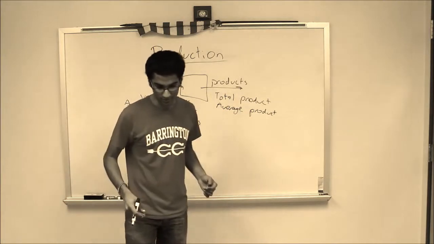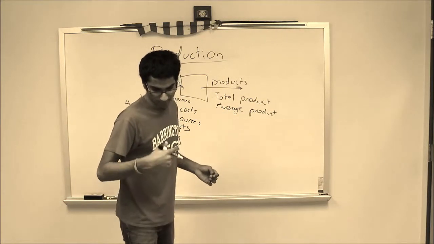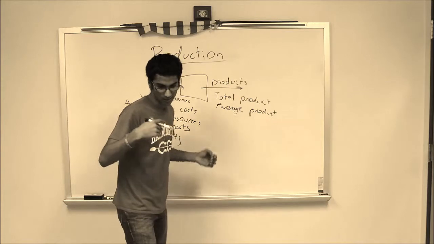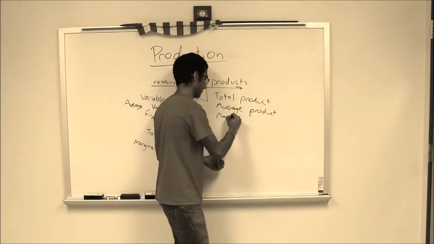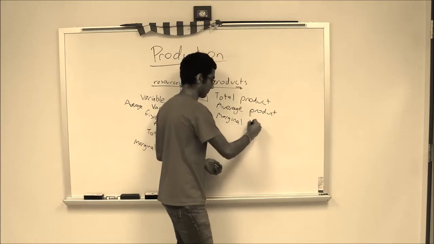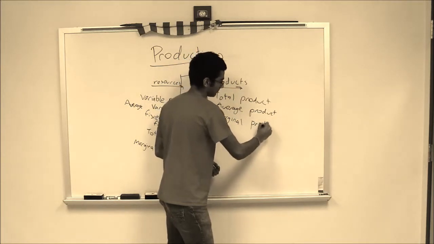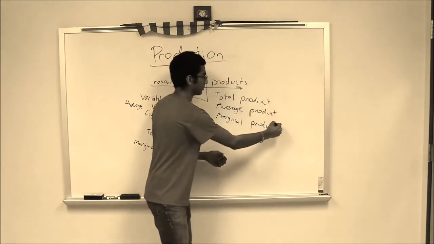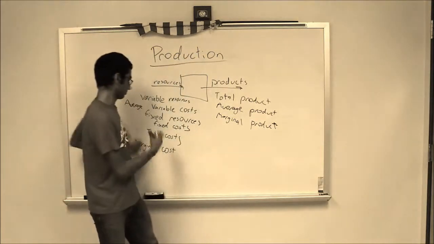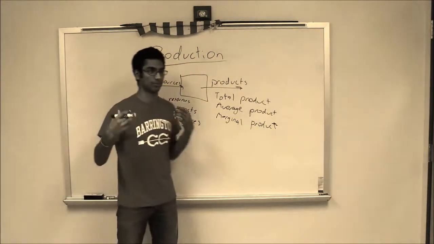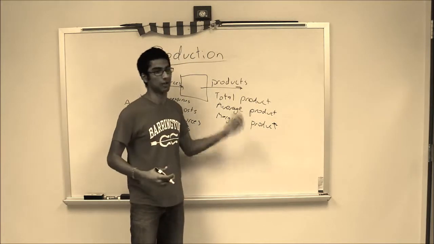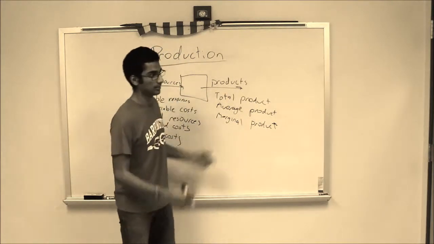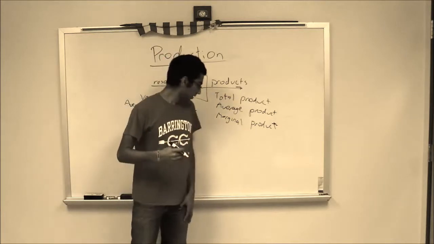And there is the marginal product, which is similar to the marginal cost in that it's the additional product that you make. So it would be that 1 lemonade from back then.